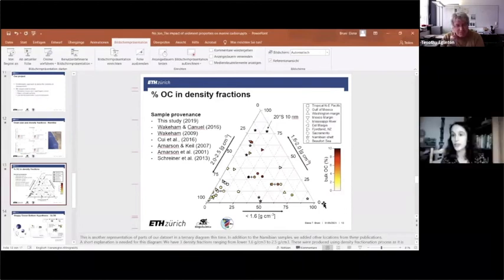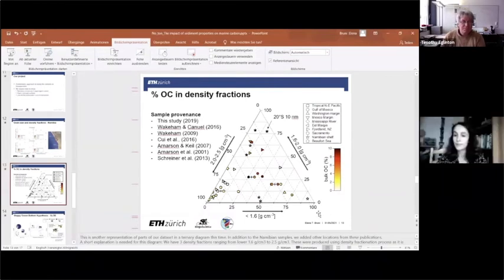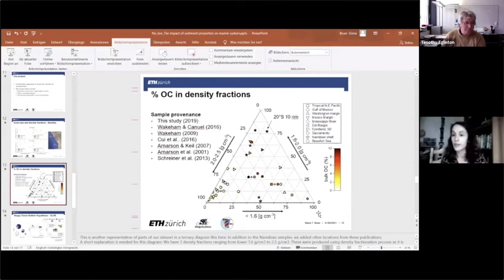Yes, that makes quite a large difference when reading the diagram. So how would I read this diagram? Can I conclude that the particles that you studied from the Namibian sediments are in general highly loaded with organic carbon? Yes, they are, especially in comparison to the other literature data.